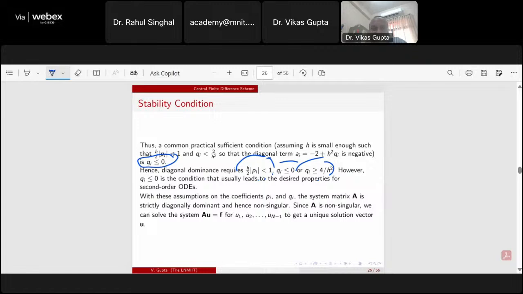Because here, while I was discussing the stability of this matrix A, I have not imposed conditions on the coefficient functions pi and qi. I am just simplifying them by using the diagonal dominance condition, and ultimately it comes out that qi should be less than 0 and the mesh width h should be less than or equal to 2 upon mod pi. So that's why I initially took pi positive and qi negative.